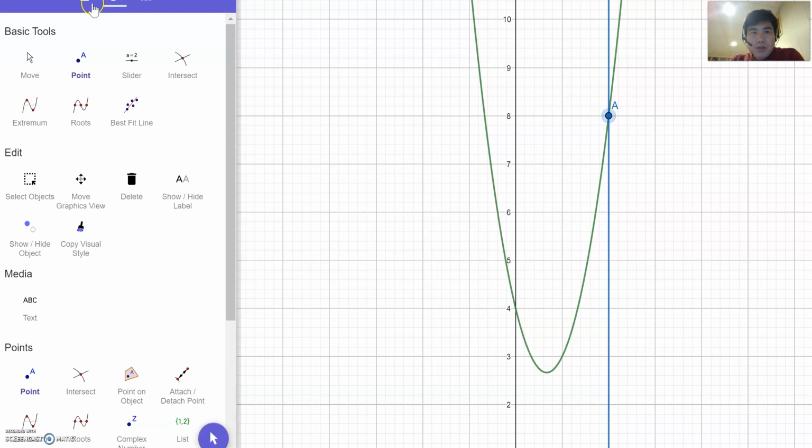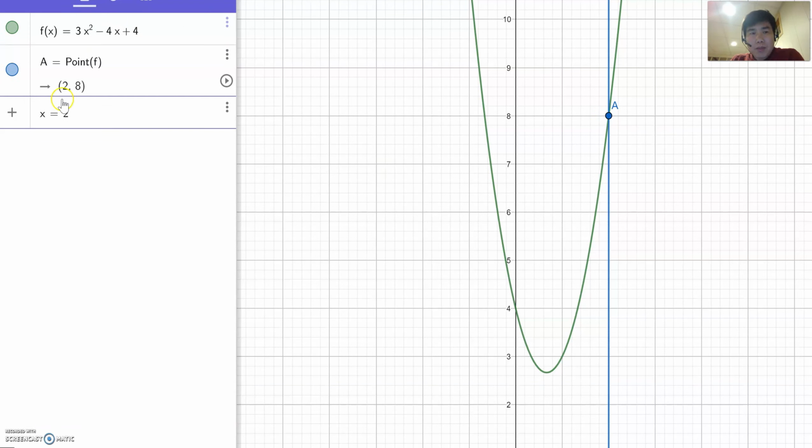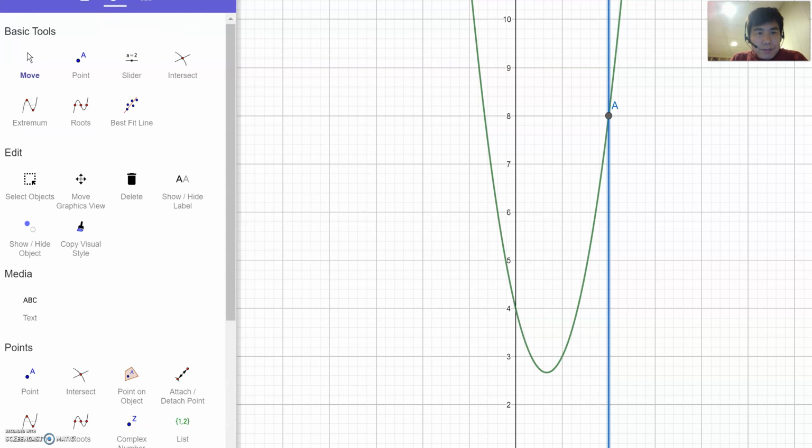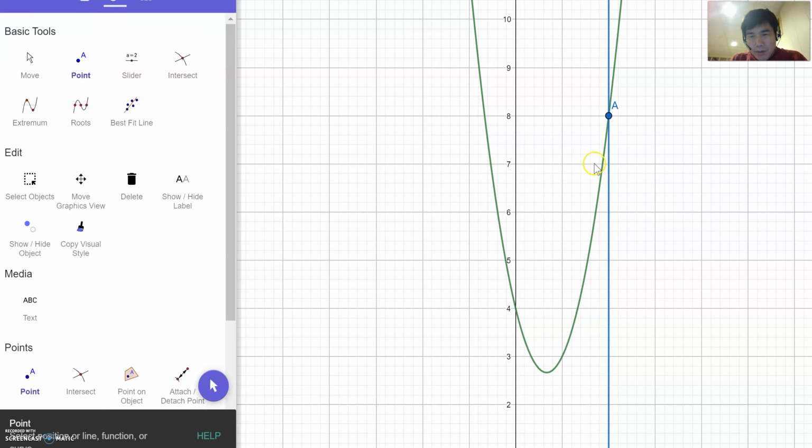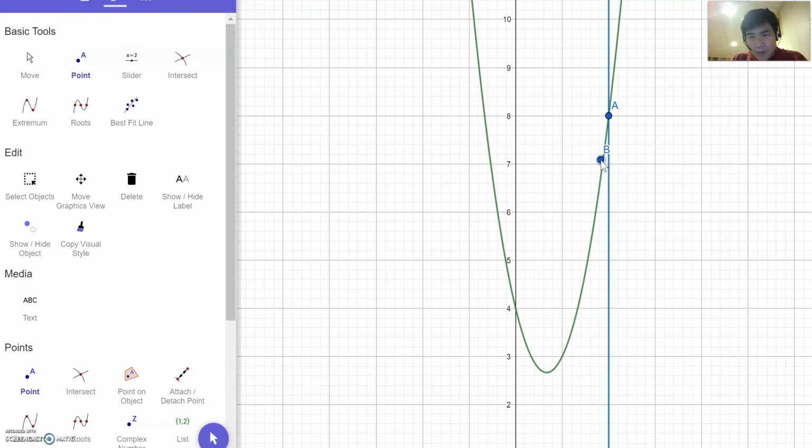As you see, this point becomes (2, 8) here. Let me make another point, maybe around here, so I can move it like this, right?